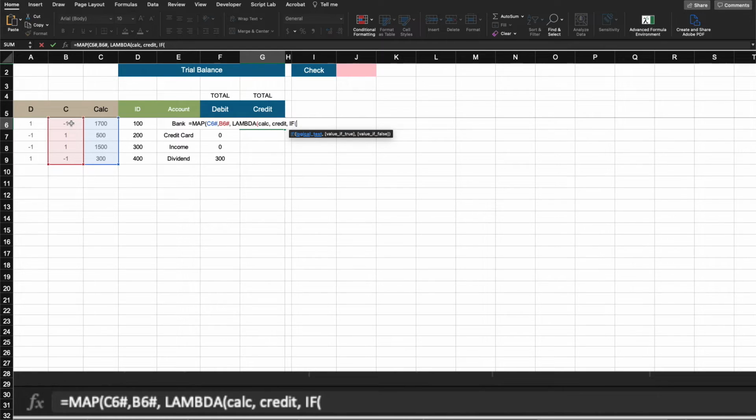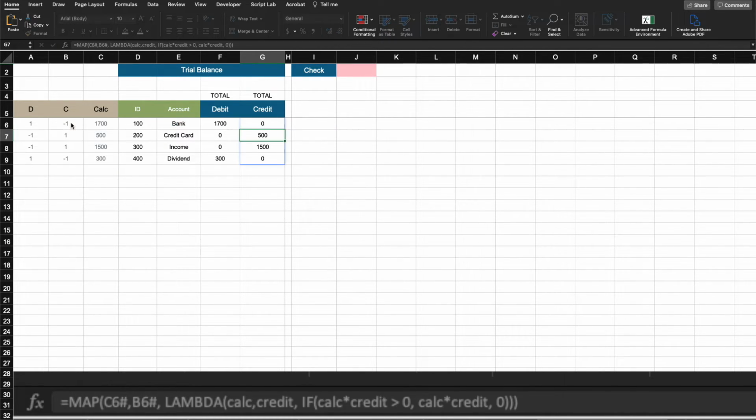And the if condition is simple. Same condition: if calc multiplied by credit is greater than 0, put calc multiplied by credit. Otherwise, put 0. Close the if statement, close the lambda statement, close the map statement.